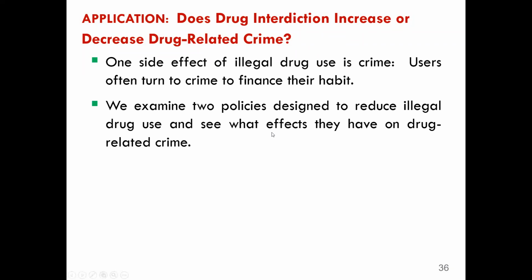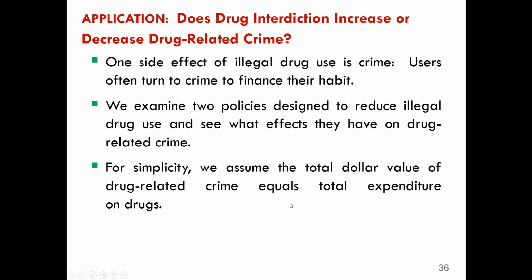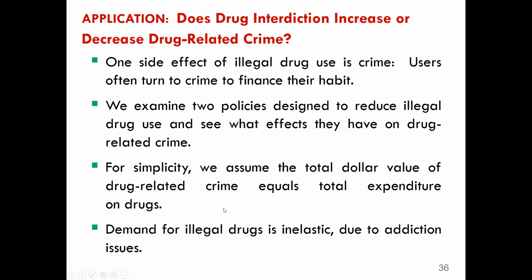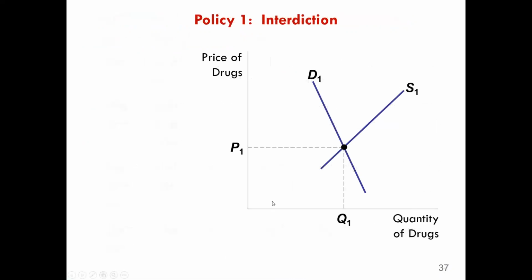We would examine two policies designed to reduce illegal drug use and see what effects they have on drug-related crime. For simplicity, we assume the total dollar value of drug-related crime equals total expenditure on drugs. We also assume that demand for illegal drugs is inelastic due to addiction issues.